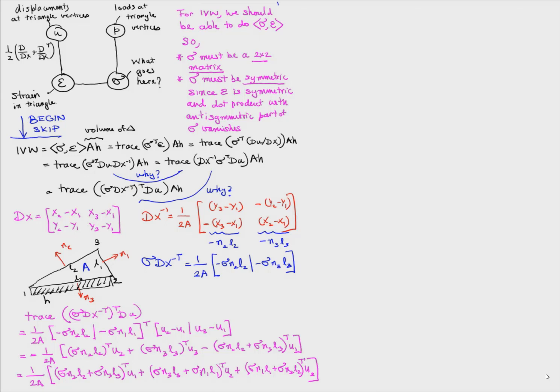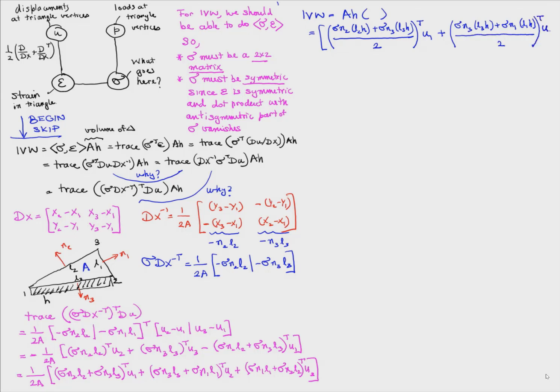The whole idea of doing this is so that we can group the terms in such a way that there's something multiplying the different components of displacement. So after all of this maneuvering, we're able to write the internal virtual work as something transposed times the displacements at vertex 1, something transposed times the displacements at vertex 2, plus something transposed times the displacements at vertex 3.